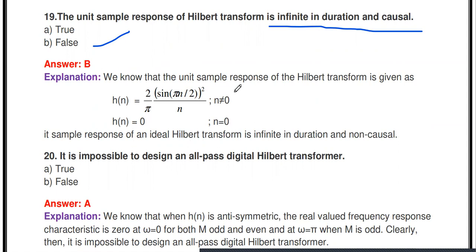From this we can say that the ideal Hilbert transform is infinite in duration, so the first part is correct. But it is not causal, it's non-causal, since h of n is available for negative time as well as positive time. That's why this is a non-causal sequence.